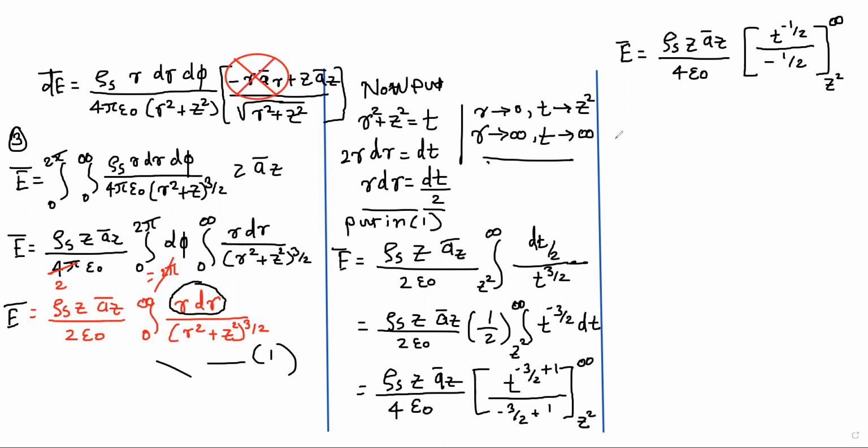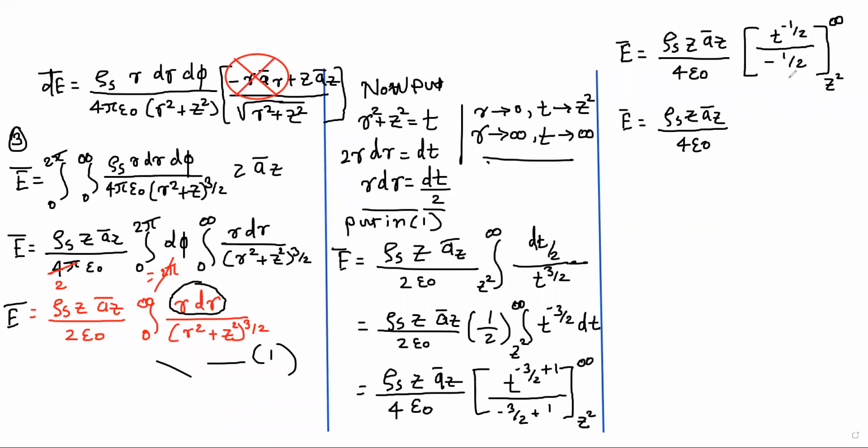Okay? So E bar is equal to these things as it is, rho s z a bar z divided by 4 epsilon naught. Now what can be done here?